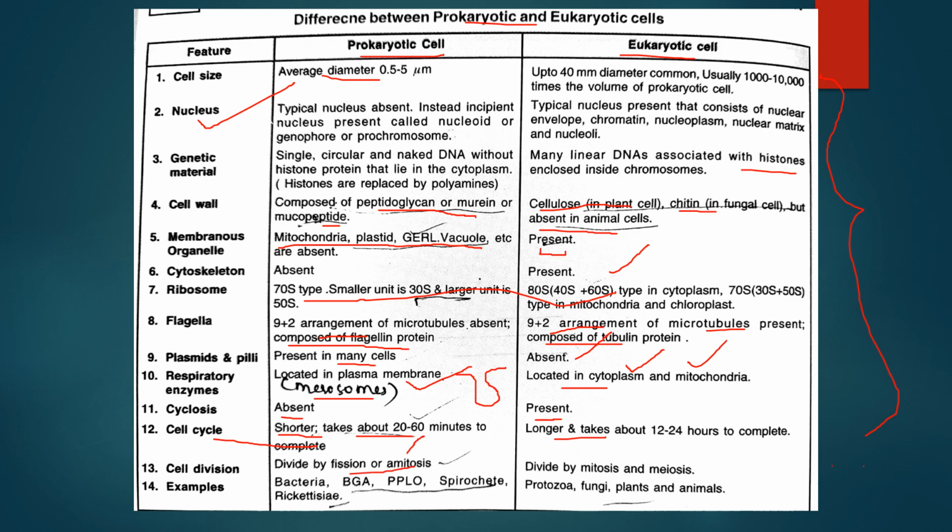Amitosis means a false mitosis, where it is not the true mitosis. And fission means the division of cell, where the cell divides haphazardly to form two cells. Then in case of eukaryotes, it divides by mitosis and meiosis. Then these are some examples of prokaryotic cell and these are some examples of eukaryotic cells.